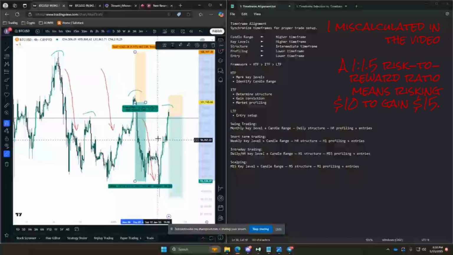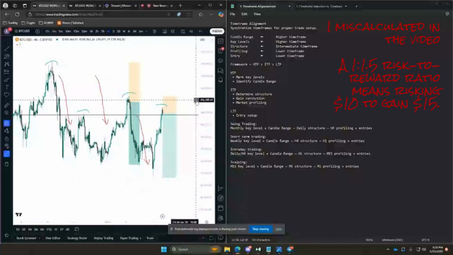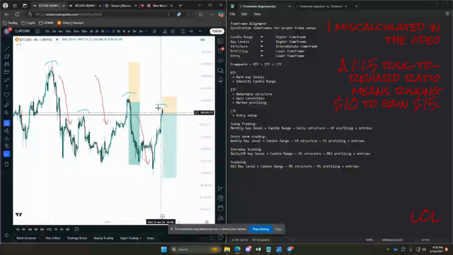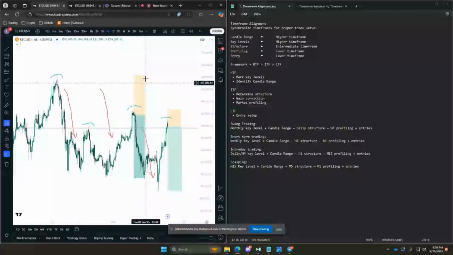So there's a little bit of math when it comes to risk to reward ratio. If you need me to go over that in specific detail, we can, or I can make a separate video. But it's easy to visualize when you look here. You can see if we lose, we know how much we're willing to lose if we plan ahead of time.